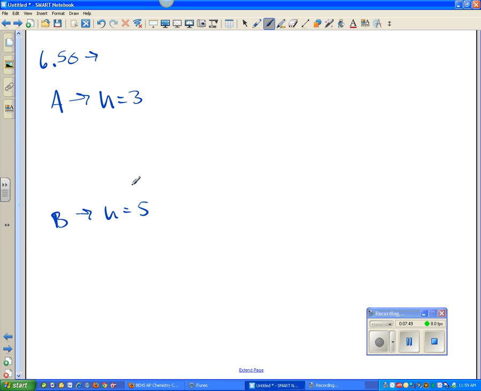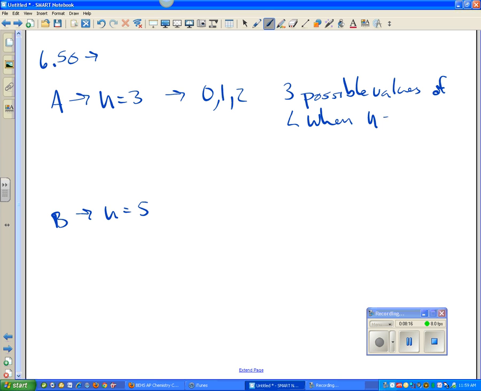So possible values for L, remember it's 0 to 1 less than n. So my answer is going to be over here. So I have 0, 1, 2. So the answer, it's kind of tricky, is that there are 3 possible values of L when n equals 3.